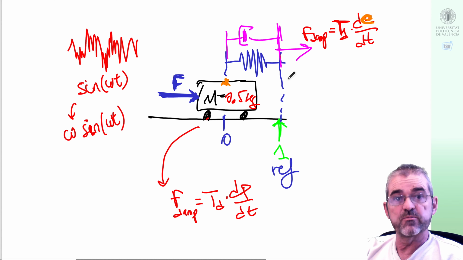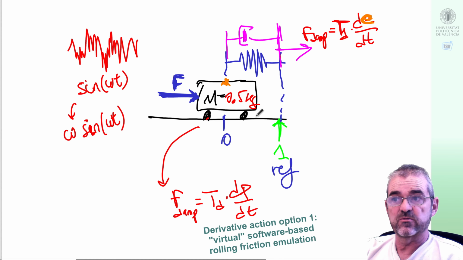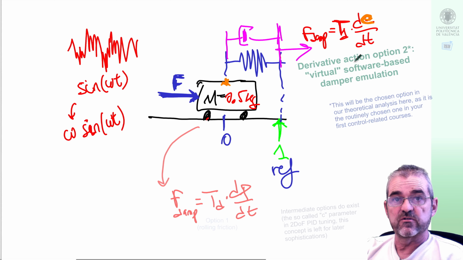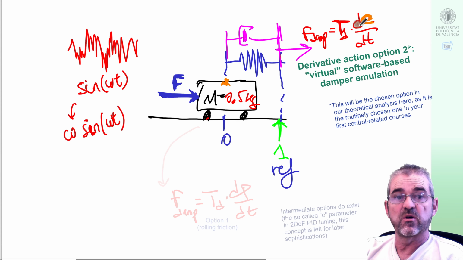And we had two options. First option was damping by exerting a force proportional to the speed of the mass. That would be sort of friction with the rolling surface. And second option would be damping with a force proportional to the time derivative of the error, the time derivative of the relative distance between the mass and the set point.